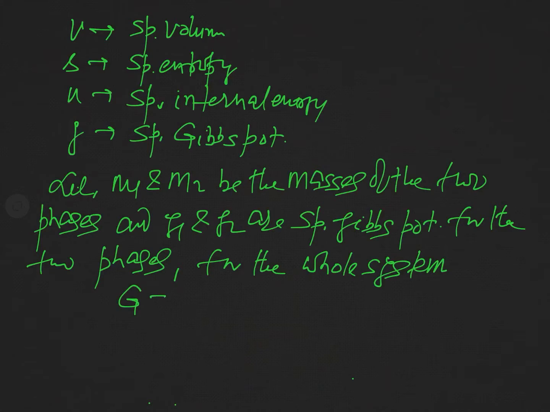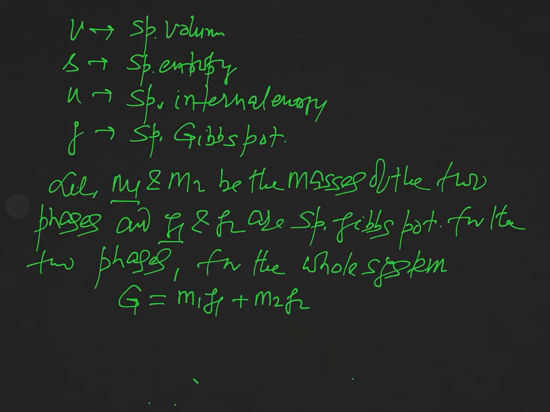if capital G is the Gibbs potential of the whole system, then what will it be? Since g1 is the specific Gibbs potential of the first phase and m1 is the mass of the first phase, the total Gibbs potential of the first phase will be simply m1 g1, and that of the second phase will be m2 g2.